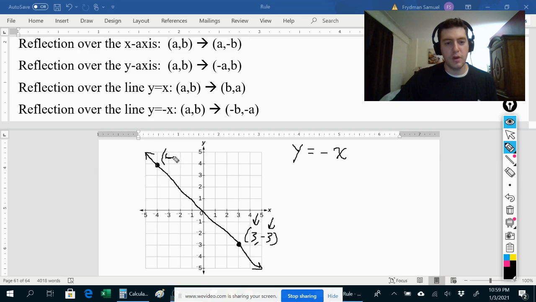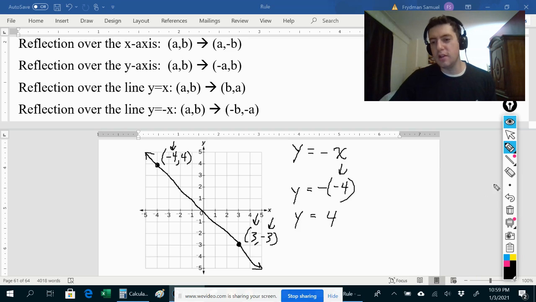That's the point (-4, 4), right? So the x-coordinate is -4, and then the y-coordinate is the opposite of that. It's +4. If I were to plug -4 in here, we get y equals the opposite of -4, which is +4.